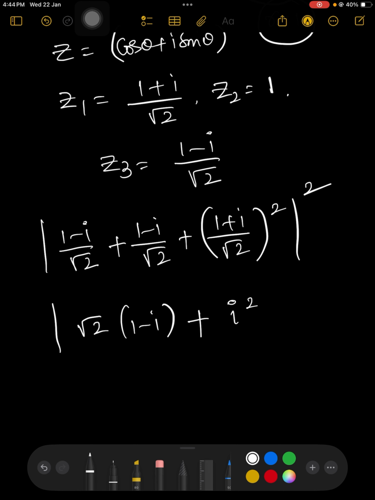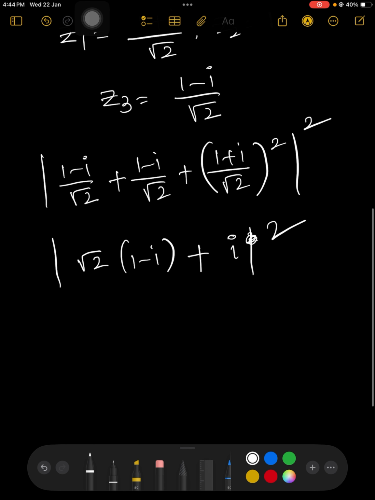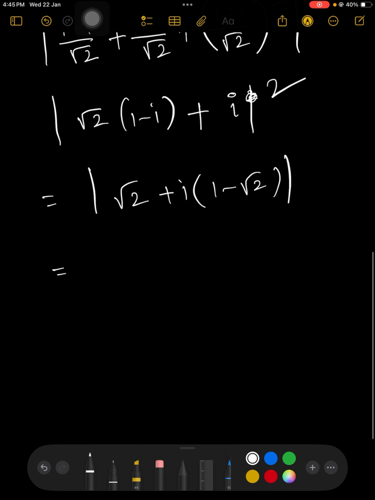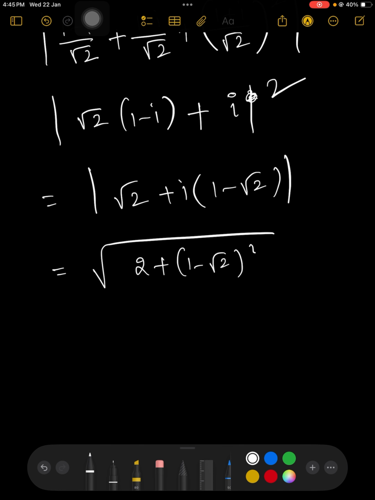Because 1 minus 1 will just cancel, and 2 whole square, if you apply the 2, then 2 will get cancelled, then it is i whole square. So that is root 2 plus i into 1 minus root 2, then it is root over x square plus y square, root over 2 plus 1 minus root 2 whole square.